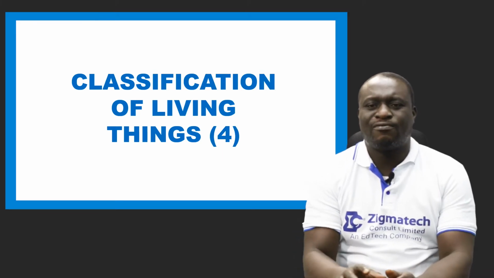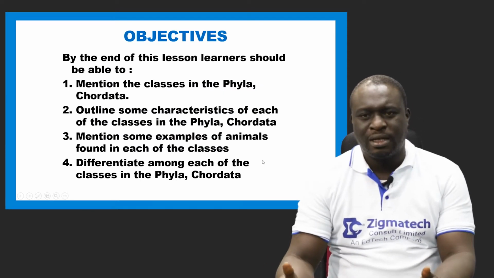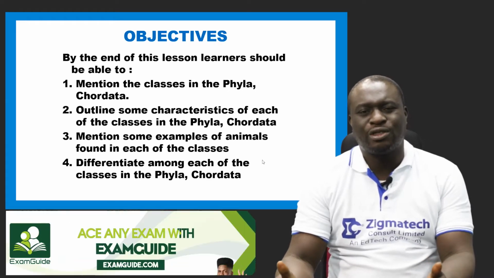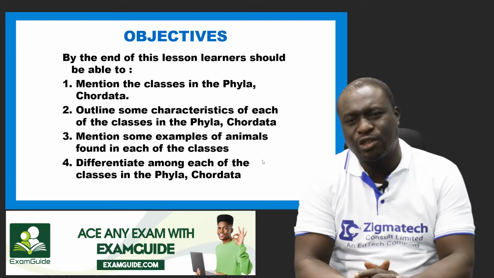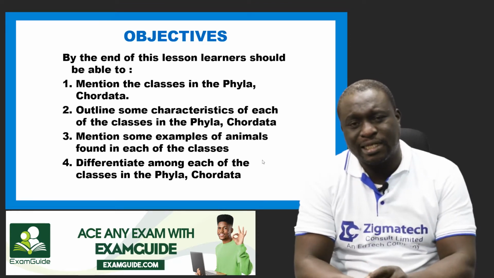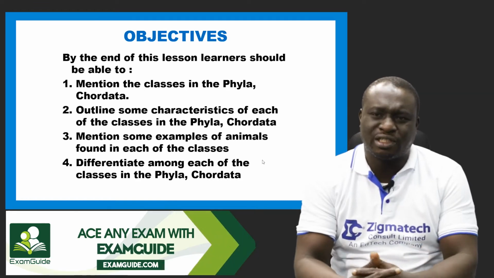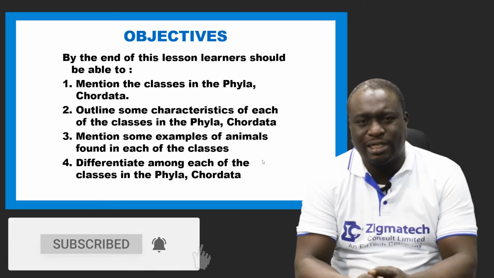Now, there are several things you are expected to note as objectives. By the end of this lesson, you should be able to mention the classes in the PHYLA Chordata. Number 2, you should be able to outline some of the characteristics of each of the classes in the PHYLA Chordata.